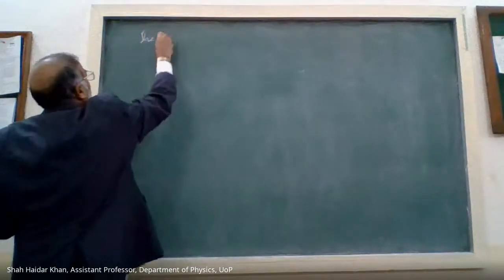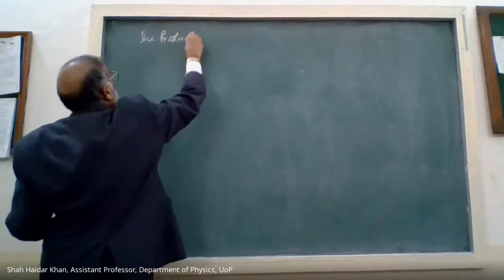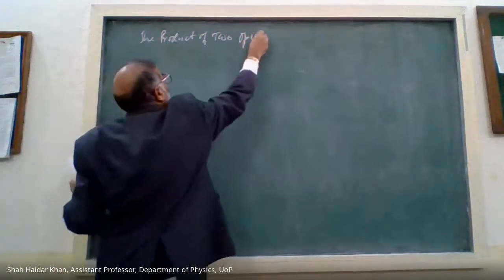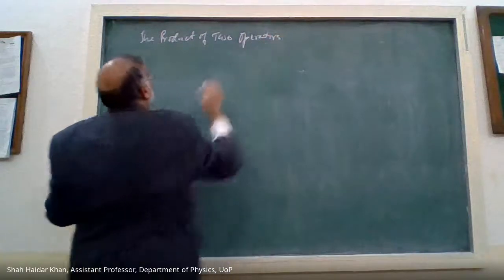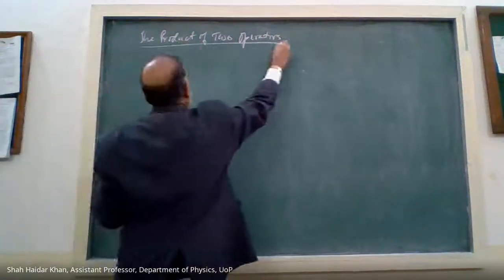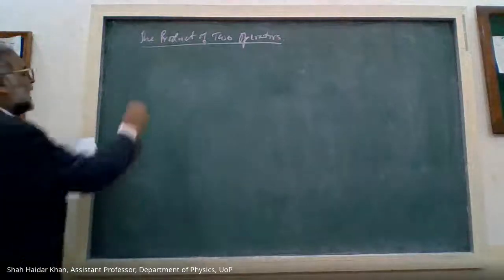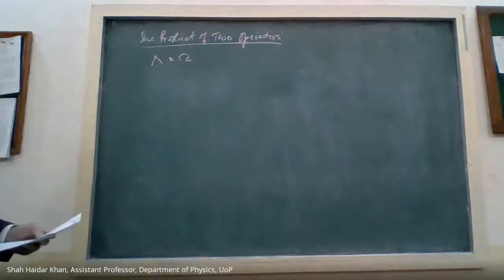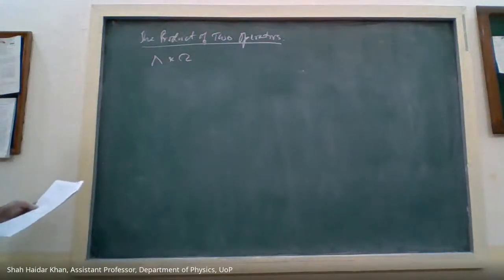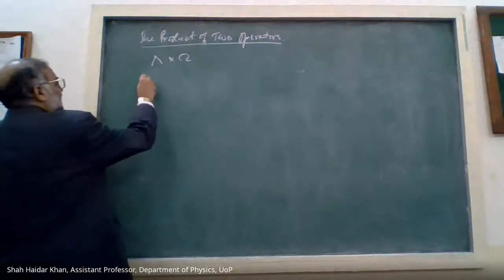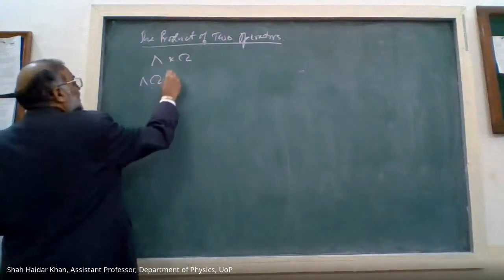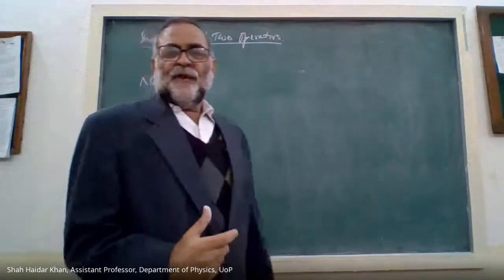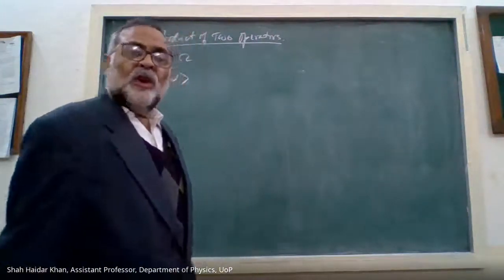Now, the product of two operators. Suppose we have two operators, lambda and omega. When applied to a vector V, it will act on the ket in its own order.